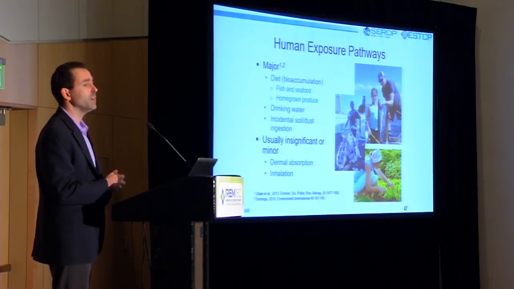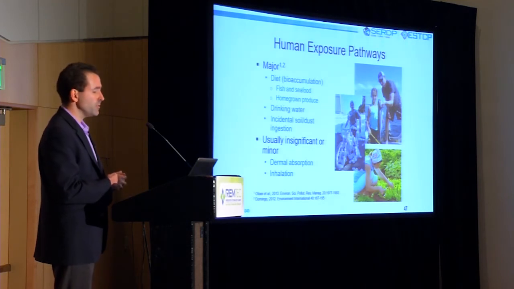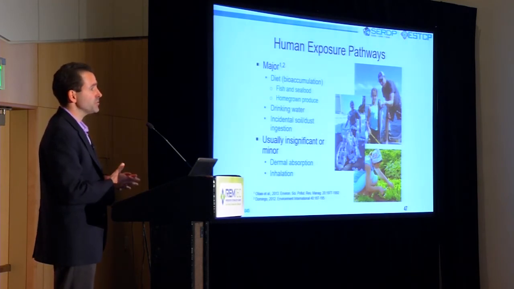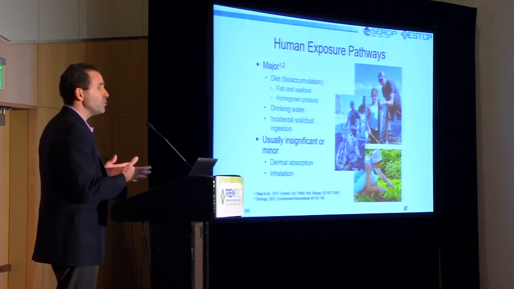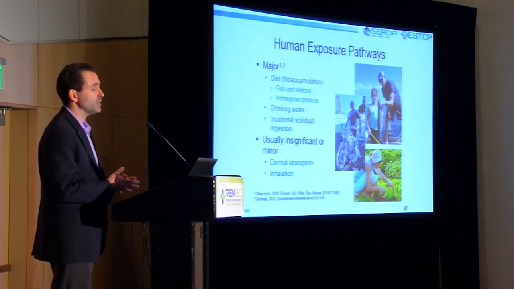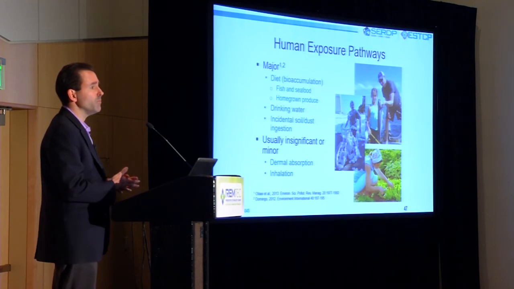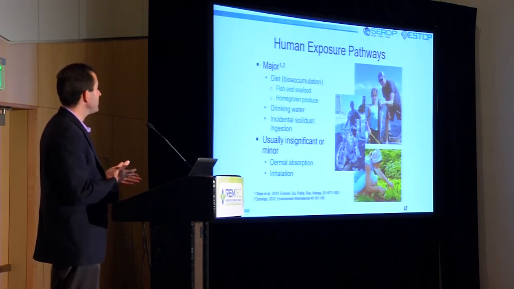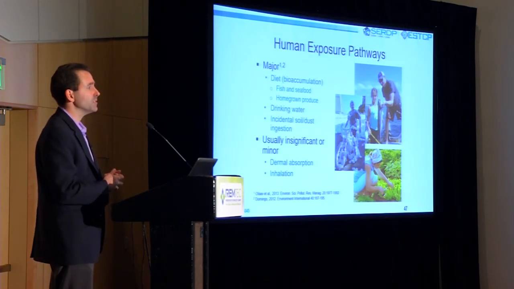So you can also end up with fairly high concentrations in plants. If they're homegrown produce, for example, if plants are being watered with irrigated water and growing in impacted soils, they can also accumulate some of these compounds, representing a potential exposure route for folks that eat that produce. We all know about drinking water. That's been in the press a lot lately. That is also a very important exposure pathway. And then incidental soil, sediment, and dust ingestion can also be an issue.